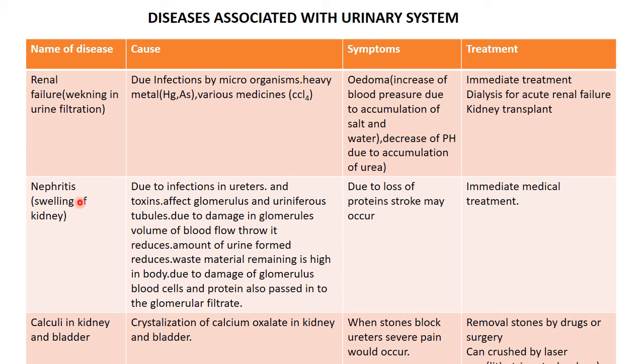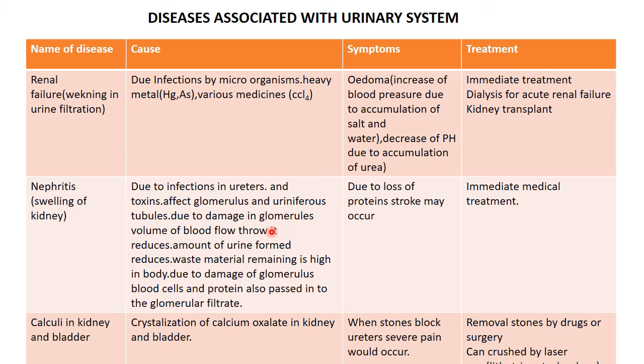Second one, nephritis, that means swelling of the kidney. It occurs due to infections in the ureters, which you know are an important part of the urinary system. So due to infections in the ureters and toxins, it affects the glomerulus and uriniferous tubules.